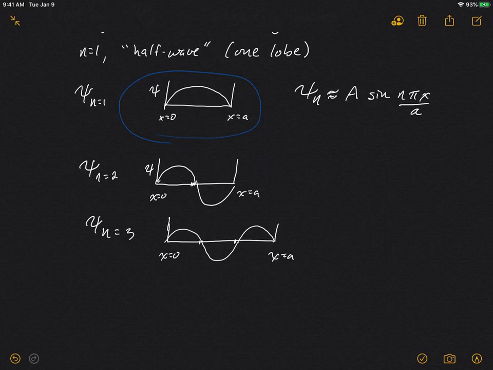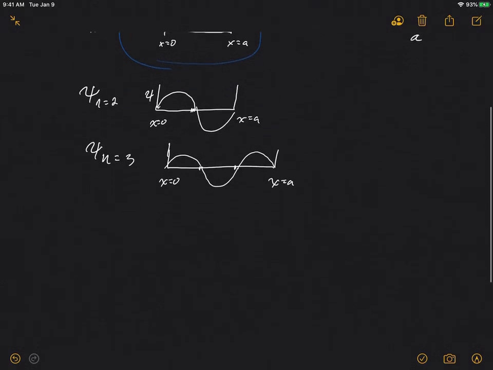Similarly, for the n equals 2, the first half of the wave here is going to look like the second half of the wave, but a mirror image and with the sign flipped in the middle. So something to think about, because we'll be looking at integrals, and so the shapes of these curves are going to be important.